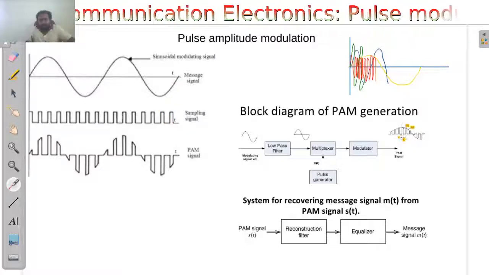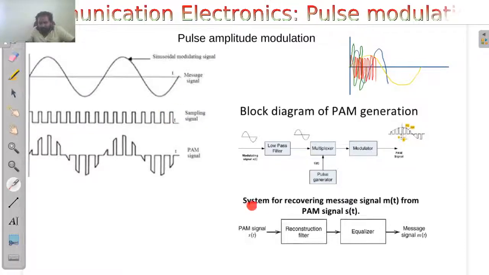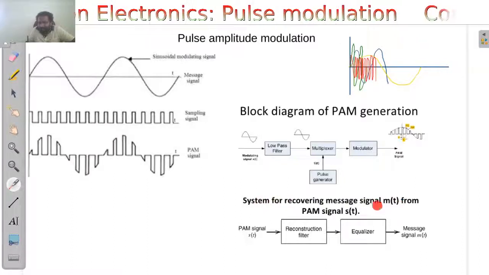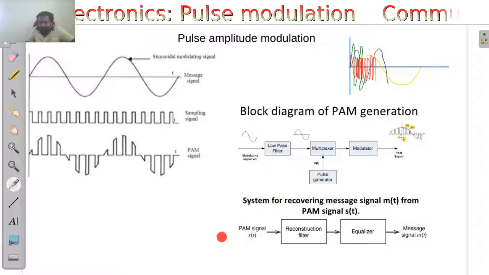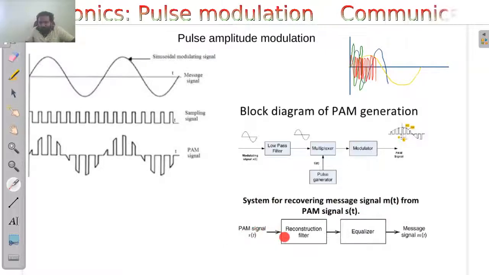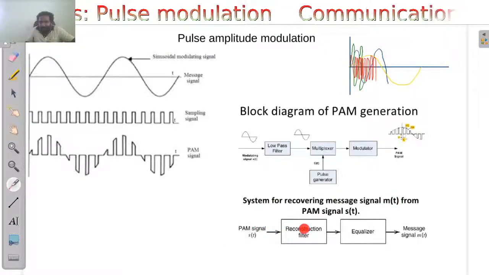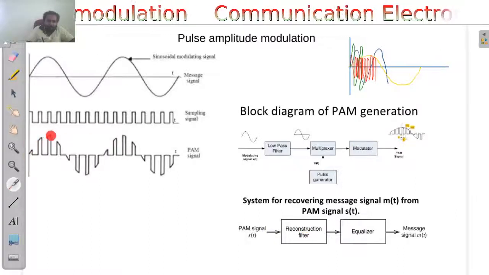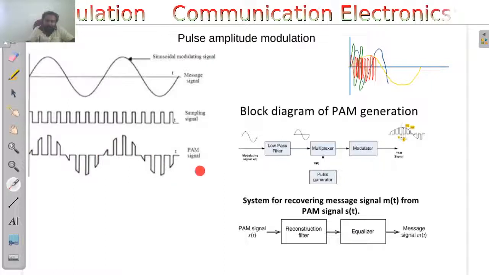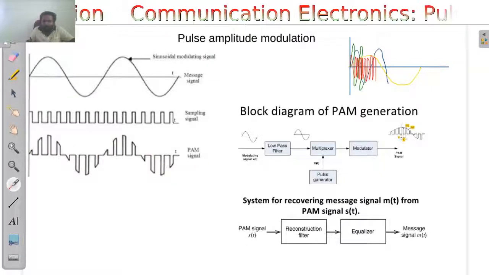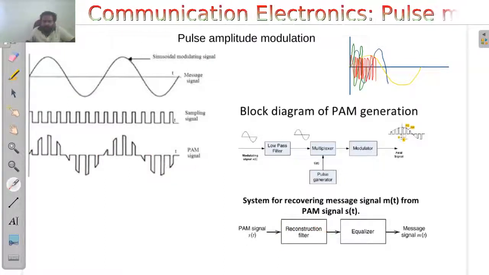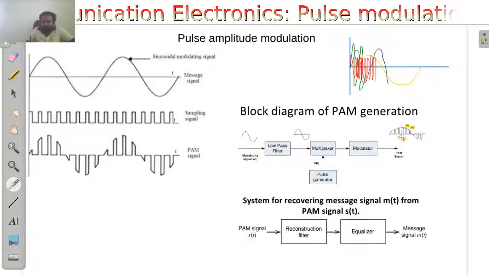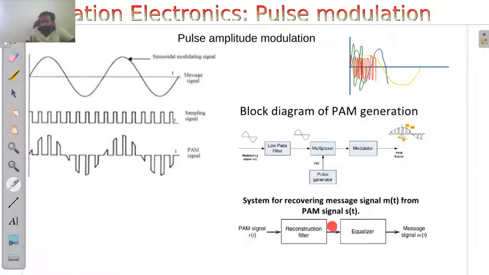And in the reverse process of demodulation, there should be a system for recovering the message signal from the pulse amplitude signal. So the pulse amplitude signal will be given to a reconstruction filter. What the reconstruction filter essentially does is follow the envelope of the wave, as in the case of amplitude modulation, and the output is given as the envelope of the wave.